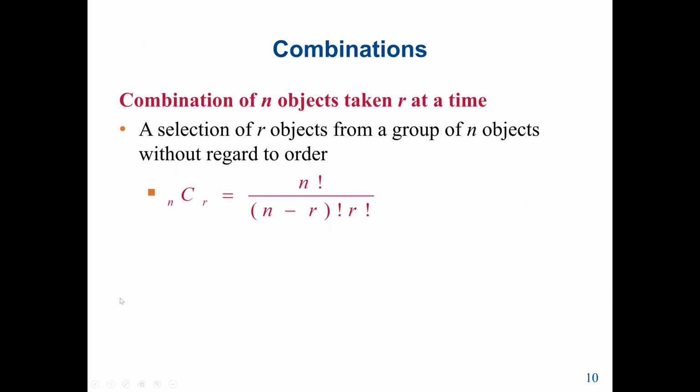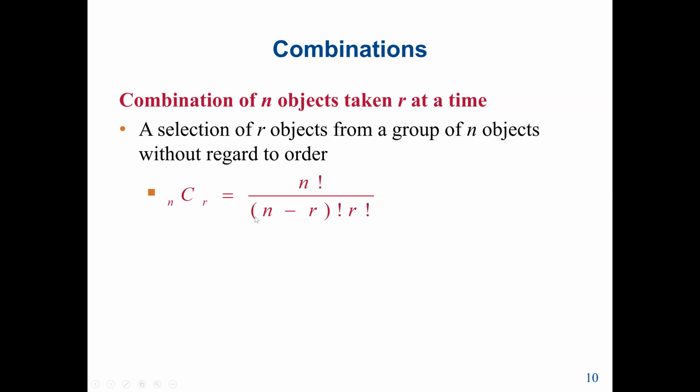Now let's move on to combination. As we said earlier, in permutation, the order of items is important. In combination, it's not. So we can see that in the formula of combination, we also divide by R factorial. The R factorial will remove the number of orders of the items. So with the combination, the formula is N factorial divided by N minus R factorial times R factorial.